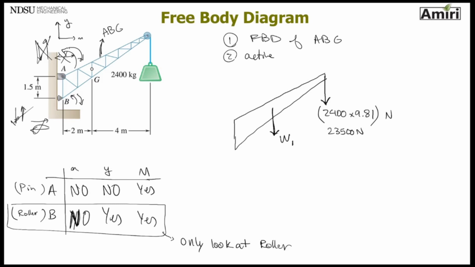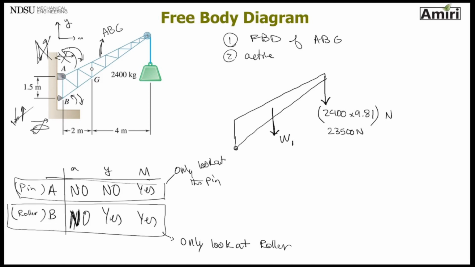You only look at each individual support, one at a time. You do not care what's happening anywhere else. Same thing with the pin. When you look at the pin, you only look at the pin, and you do not care what is happening with the rest of the beam.